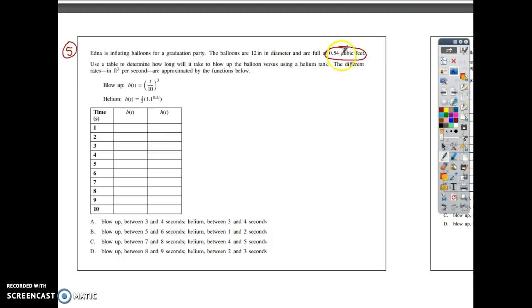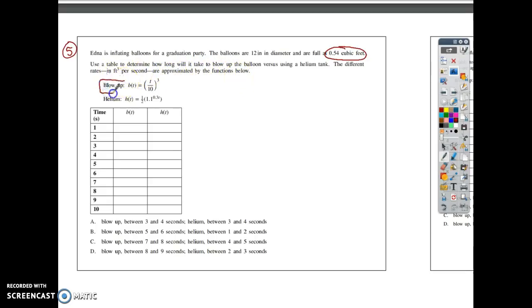That's when they get full. That's when they fill up. Use a table to determine how long it will take to blow up a balloon versus using a helium tank. Different rates in cubic feet per second are approximated by the functions below.